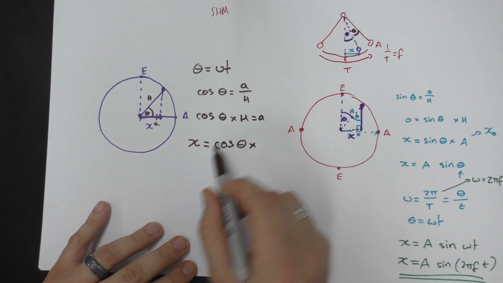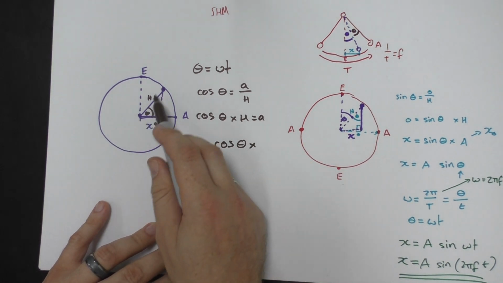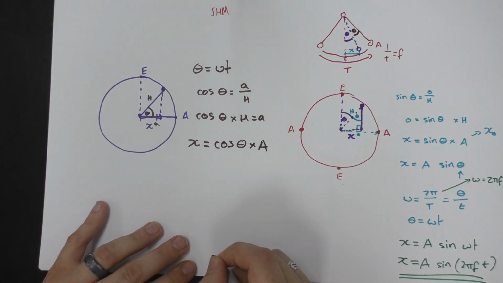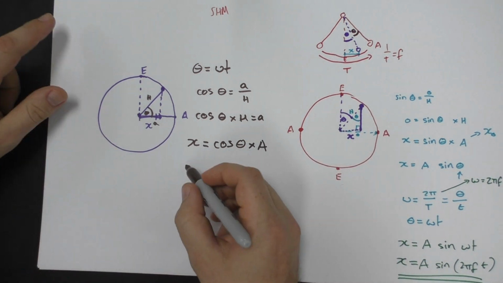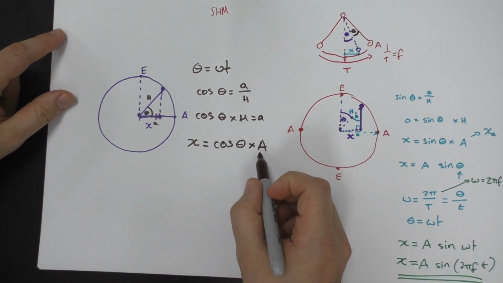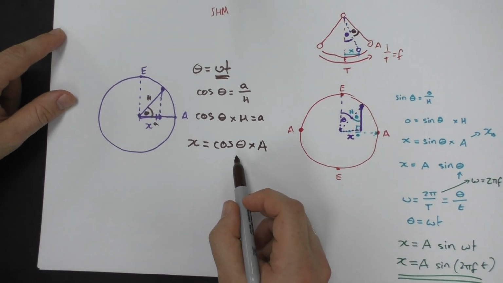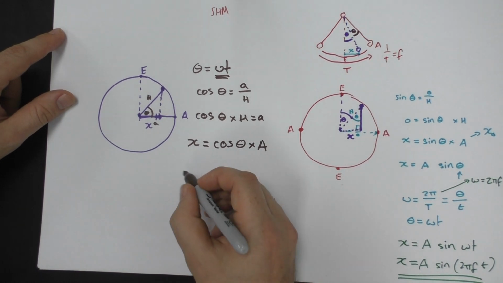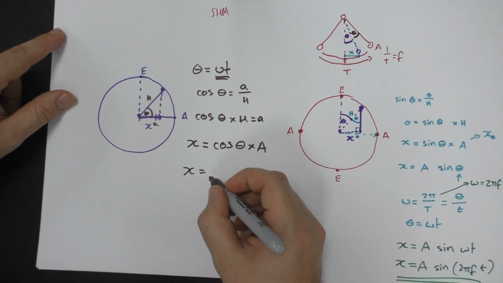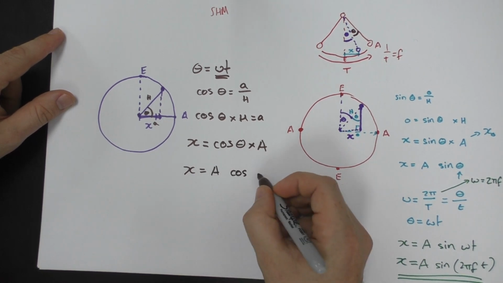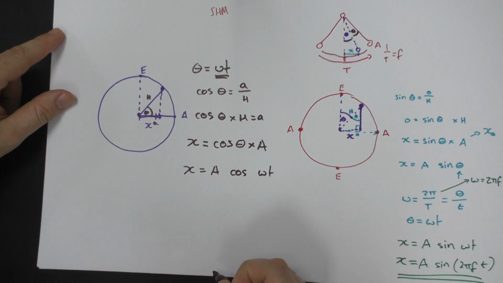Now remember, the hypotenuse is the amplitude, so we can write the amplitude. And then because we've already said we could swap out omega t for the theta, we can say that x is equal to A cos omega t.